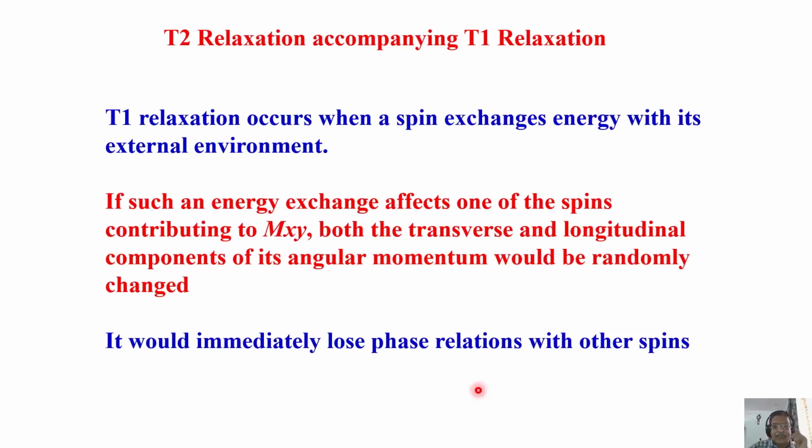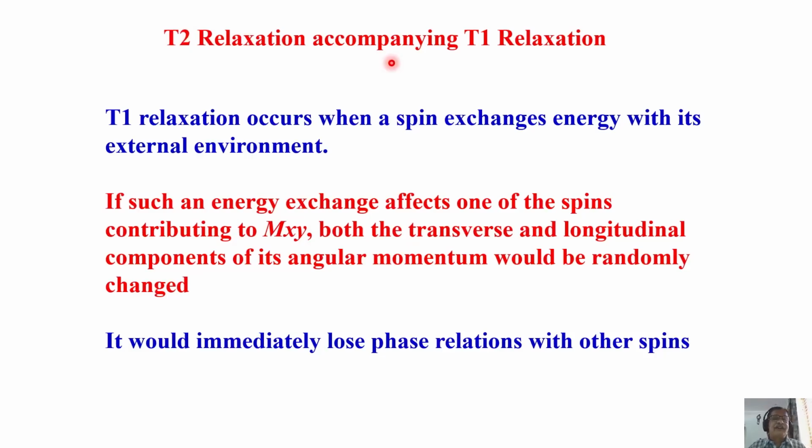When such an energy exchange takes place at any time, if it affects any one of the spins contributing to magnetization in the XY plane, then both the transverse and longitudinal components get affected. They will also start changing randomly. As a consequence, while the energy exchange is going on, if it affects any one of the spins contributing to Mxy, then it helps in losing phase relations with the other spins. So this also helps in T2 relaxation.